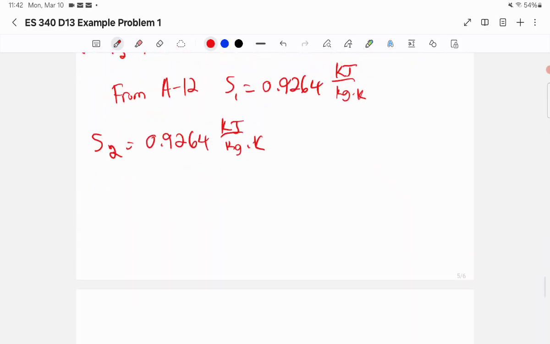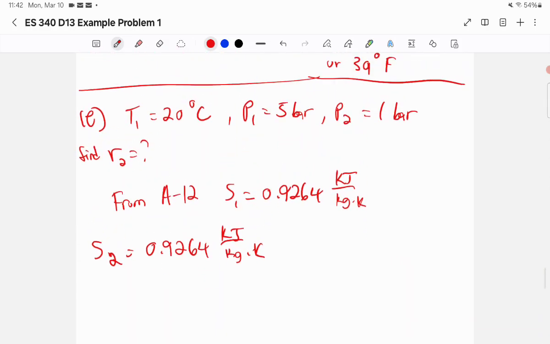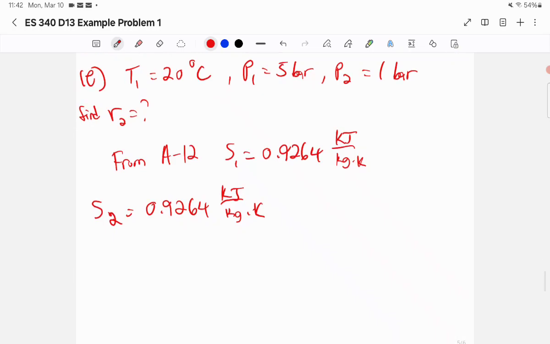And going back to the table, we need to go to table A11 now that we know this.